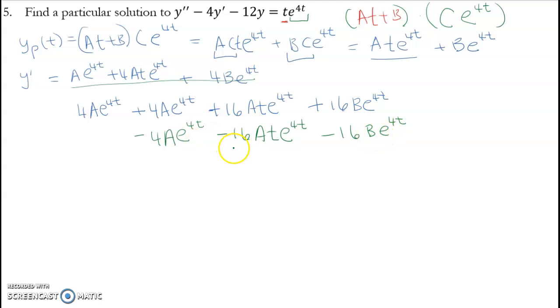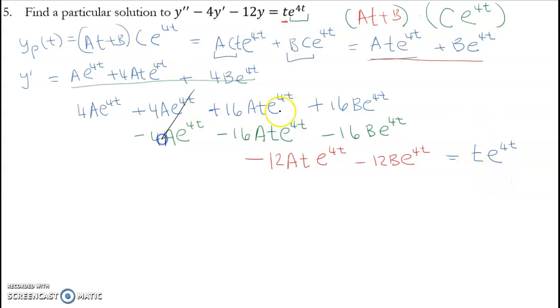So far everything seems to have canceled out except for the very first term. We still have to multiply -12y. This is our original equation, so let's multiply that. That's going to be underneath here: -12at e to the power of 4t minus 12b e to the power of 4t. And we know all of this would equal t times e to the 4t.